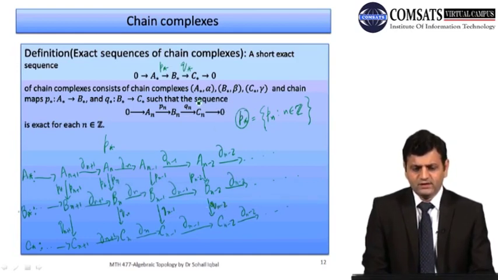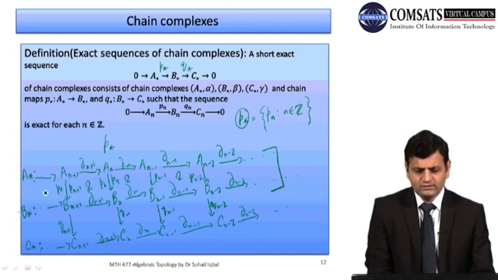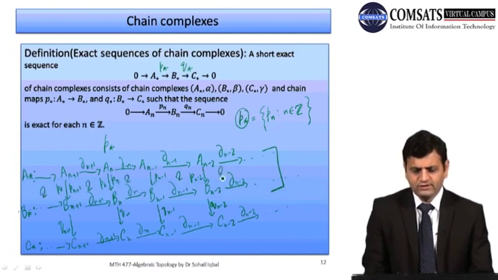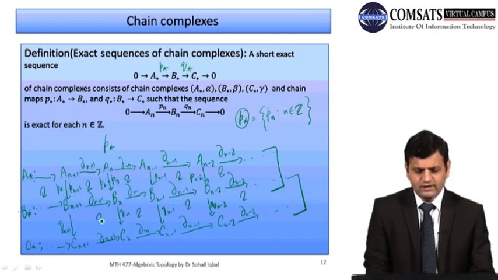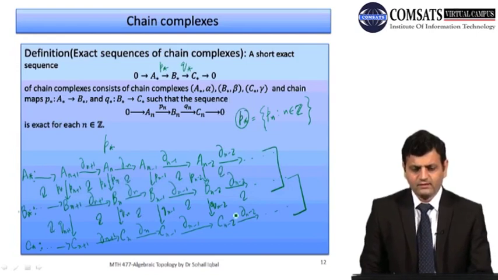And then of course, since P star is the map between A star and B star, all these squares must satisfy the commutativity of the diagram. Similarly Q star is a map between the chain complexes B star and C star, so this diagram should be commutative like this. These are short exact sequences as well.